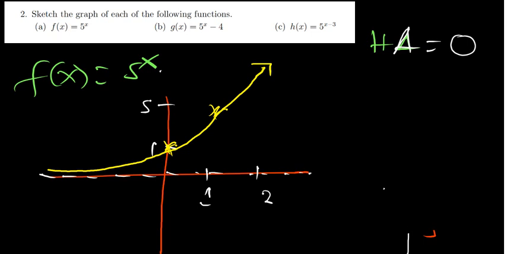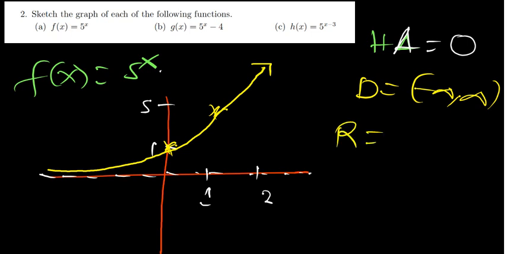The domain of the exponential function is always from negative infinity all the way to positive infinity. As we can see from here, the x values, we don't know where it is starting from, all the way going there. But the range is restricted. In this case, the range is starting from 0.